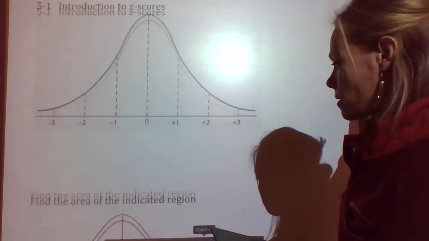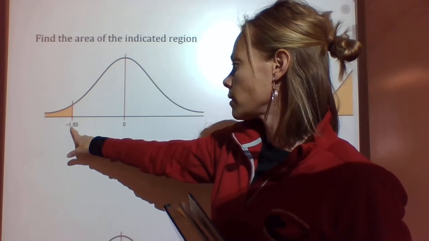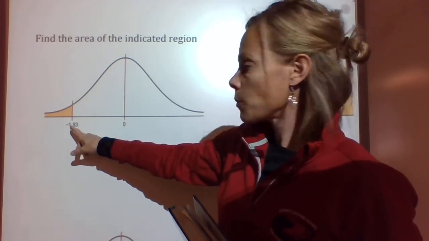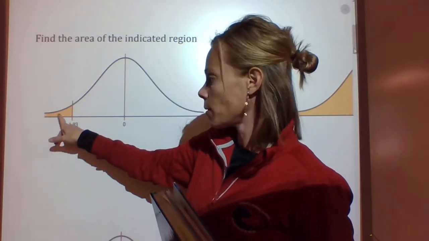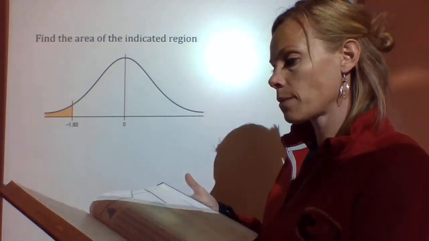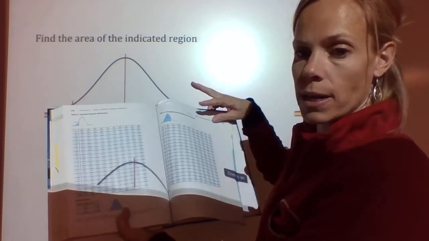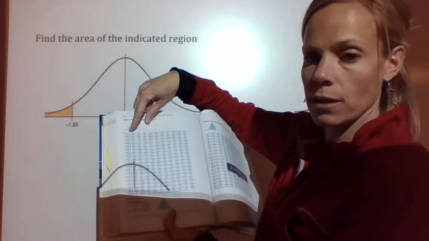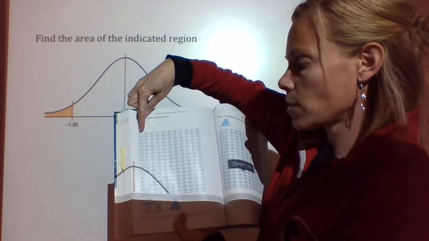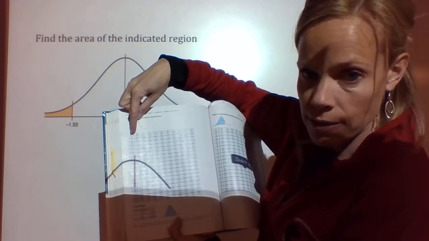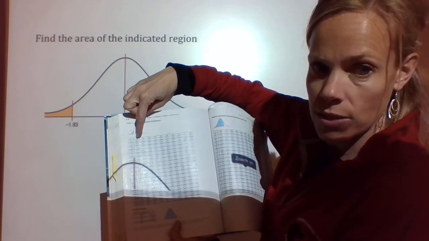So let's practice that. Okay, so I have a z-score of negative 1.93. What's the probability of it being less than negative 1.93? So you look in your book, and you should notice that the left side's negatives, the right side's positives. So I'm looking on the left side. And the first column here is a z-score, but it only goes to the tenths, that you'd have to go up here to find the hundredths.